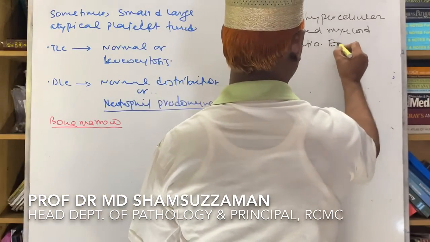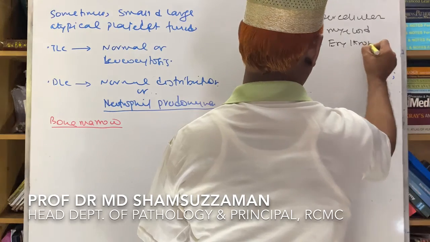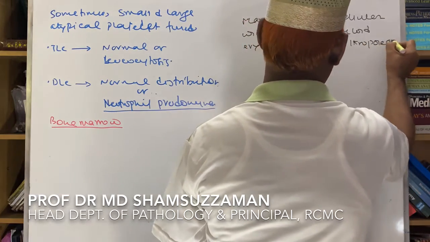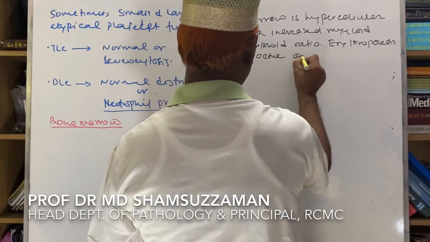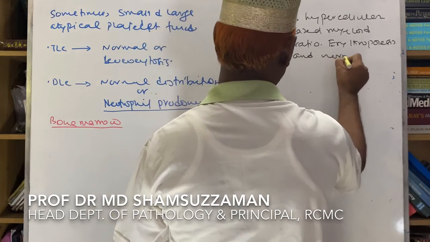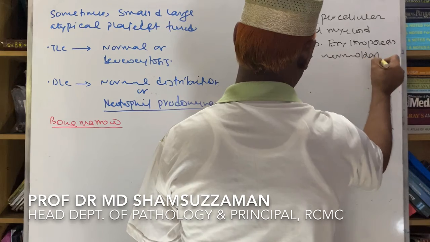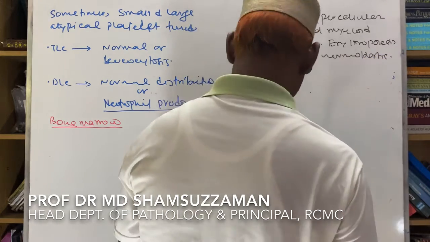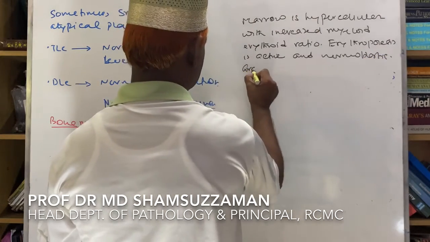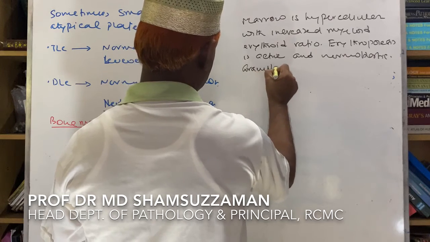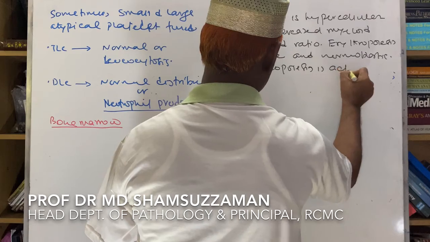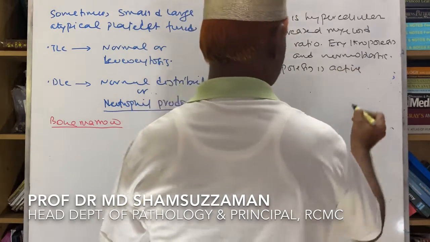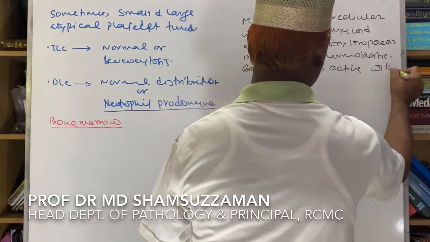Erythropoiesis is active and normoblastic. Granulopoiesis is active with all stages of maturation.